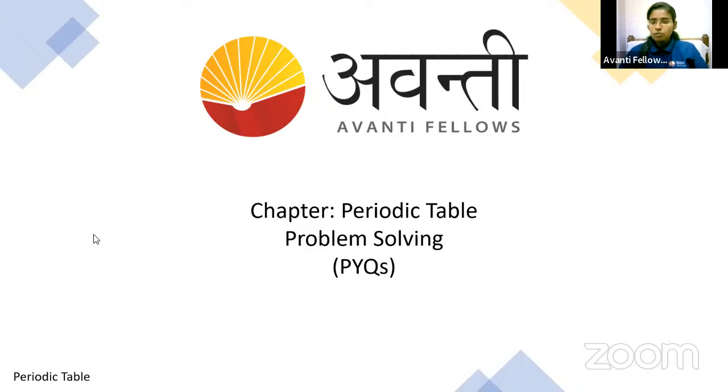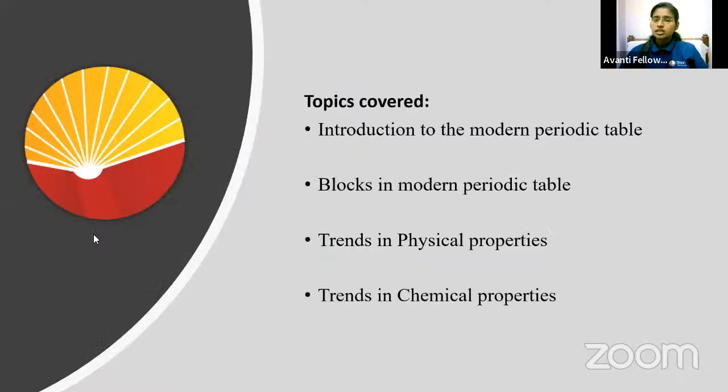The topics that we are going to cover in this lesson are the introduction to the modern periodic table and the blocks in the periodic table. It includes periods, groups, everything. And the trends in physical properties and the trends in chemical properties. In physical properties, we have four trends, right?